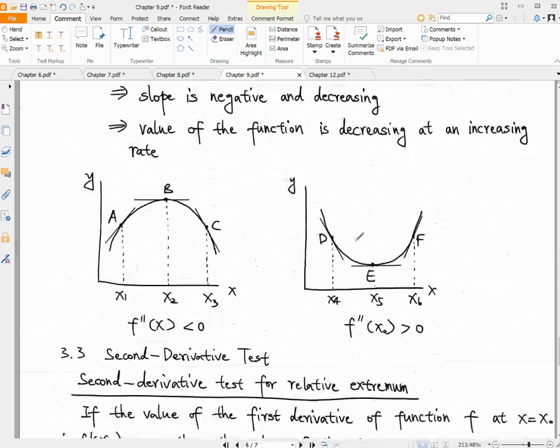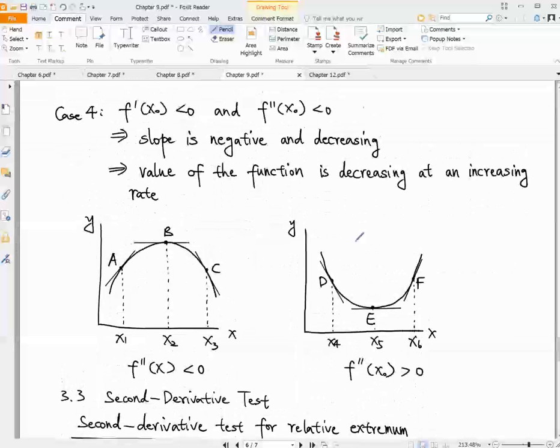Okay, so here we have 4 cases, right? First you need to use the first derivative to find the stationary point, where the first derivative equals 0. And then you use the second derivative.